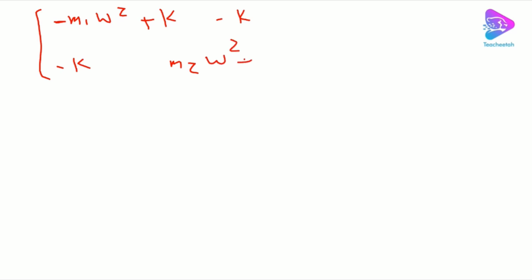So what we have is [minus m1 omega squared plus k, minus k; minus k, minus m2 omega squared plus k] times [X1; X2], which are amplitudes, equal to 0.